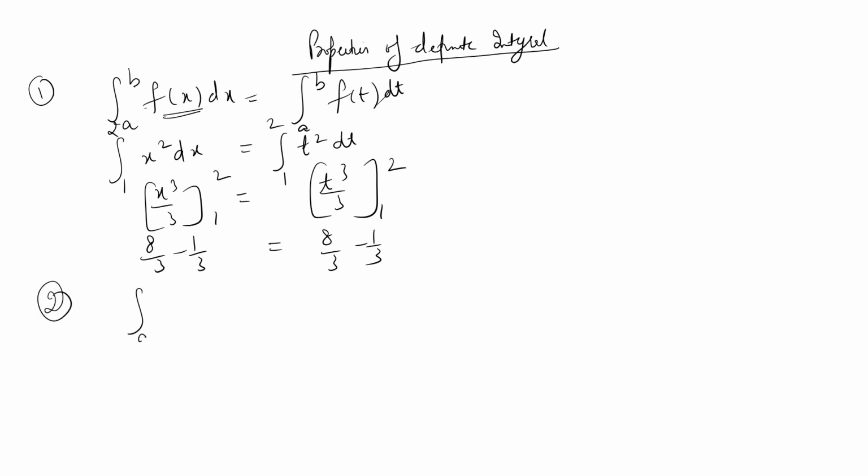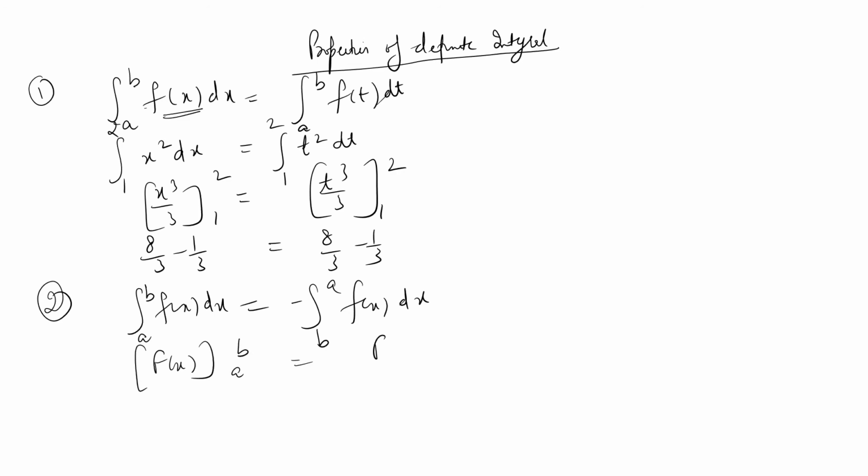Second property says that integral a to b f(x) dx is same as minus times integral b to a f(x) dx. That if I interchange the position of the limits, I make upper the lower one, lower the upper one, then the answer becomes minus times, right? So let us see, if integral is f(x) from a to b, and this is also f(x) from, I'm keeping minus sign outside, b to a.